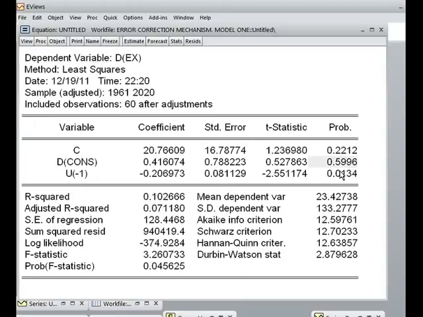So the short-run coefficient, that is dcons, is not a significant variable to explain our dependent variable, which is Ex. So that is a bad sign. Then what about the error correction term? How much is this one? 20.69%.